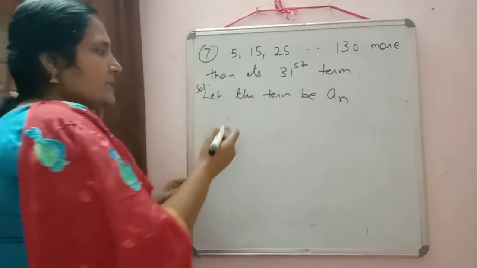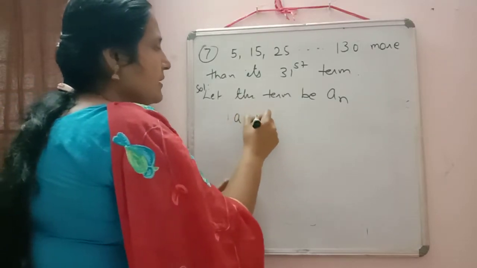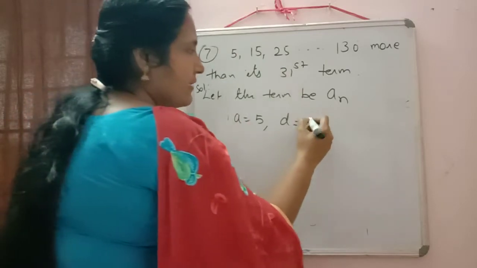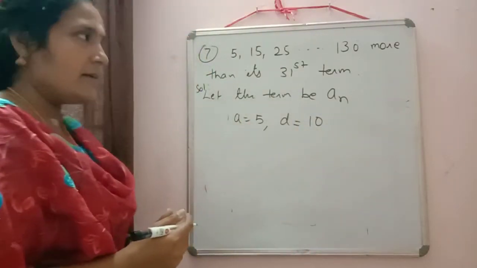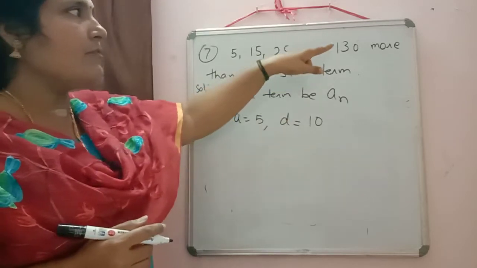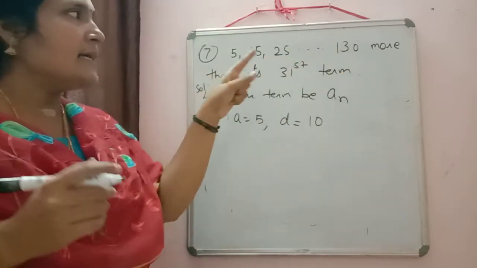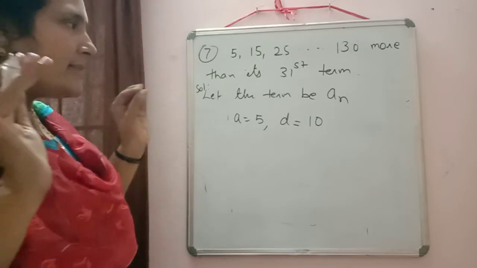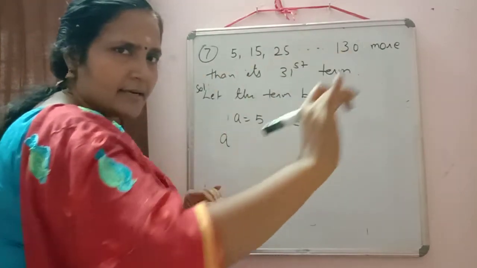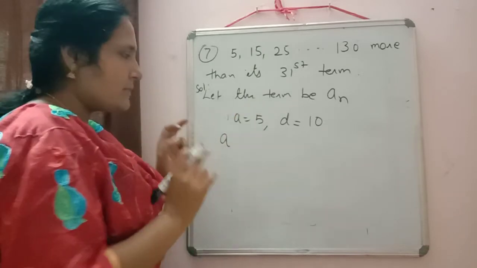Now write down the information. We have A is equal to 5, D is equal to 15 minus 5, that will be equal to 10. And what we said, the nth term of the AP is 130 more than its 31st term. Whatever is the statement written, just write down the equation from that.